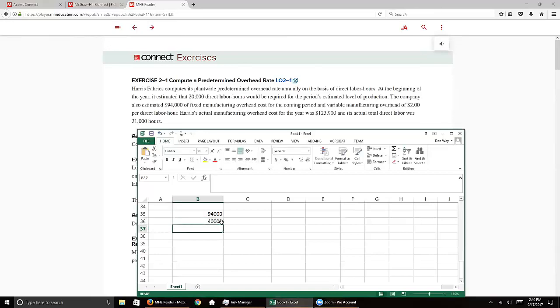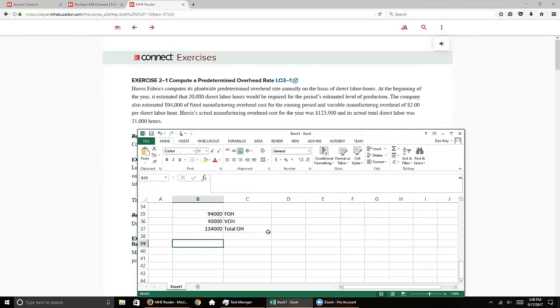So our total variable overhead is estimated then at $40,000. Again, this was the fixed overhead. Okay. So our total estimated overhead for the whole year, variable and fixed, becomes the sum of those two, $134,000. I'll just put total overhead.